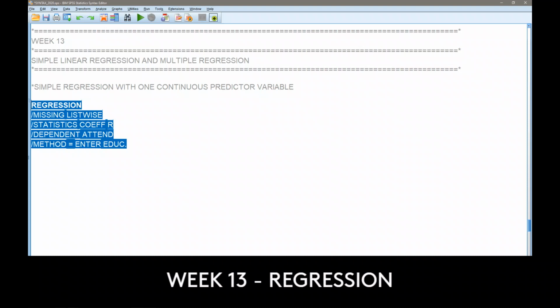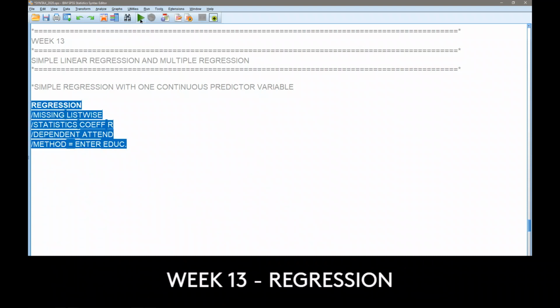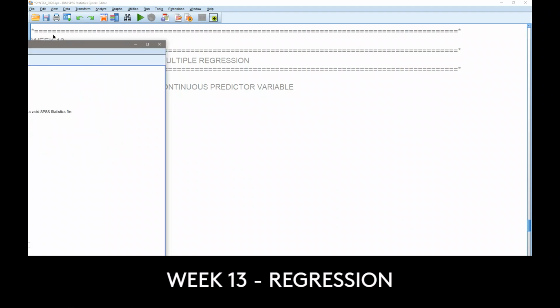So if we were to look at this model, what exactly are we assessing? Well, we are assessing the effects of education on religious attendance. So how does a person's level of education impact their level of religious attendance? Let's go ahead and run the syntax.